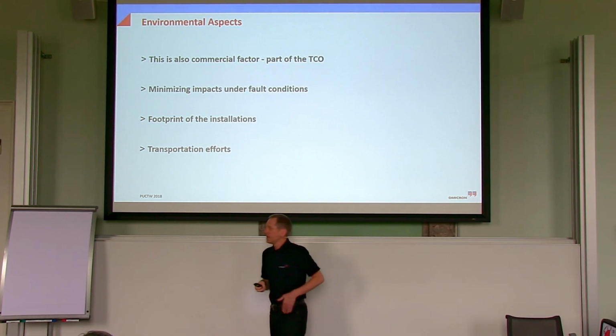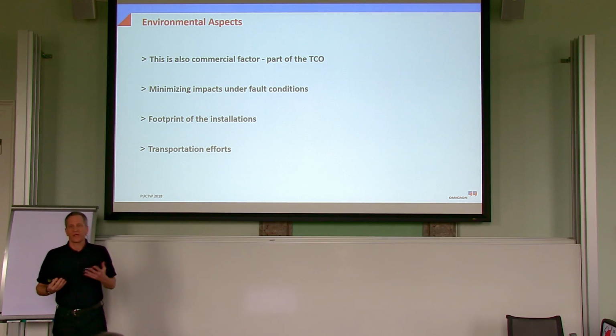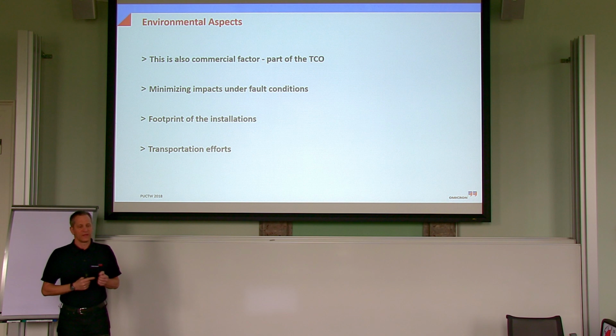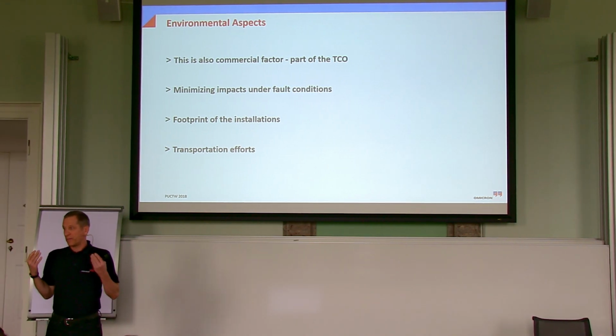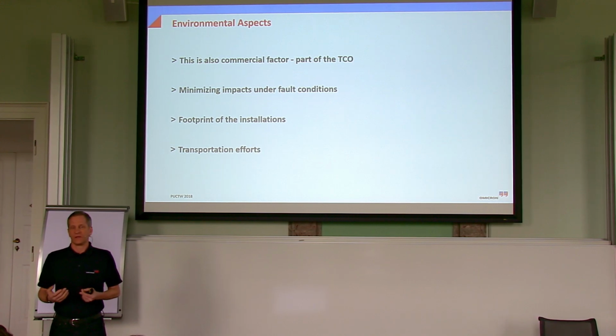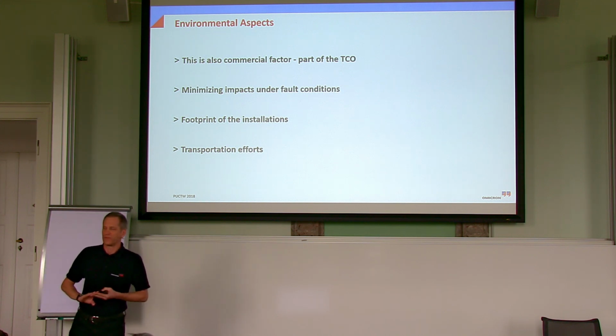Then something that I really noticed when I was looking up all these arguments from the different vendors are the environmental aspects. When you are planning a substation from the point of view of a protection and automation engineer, you want to have this system work as good and as reliable as before.